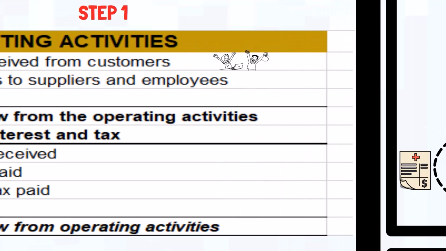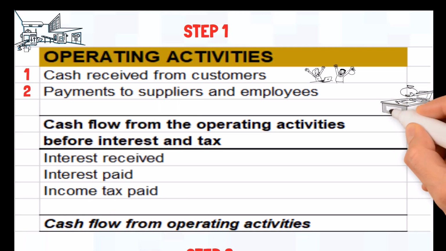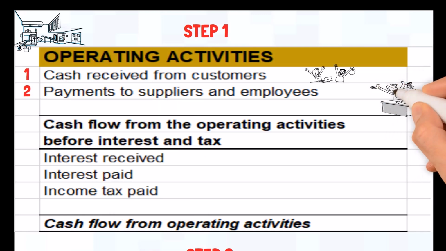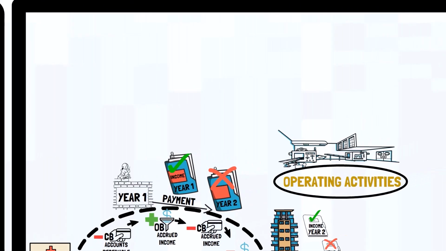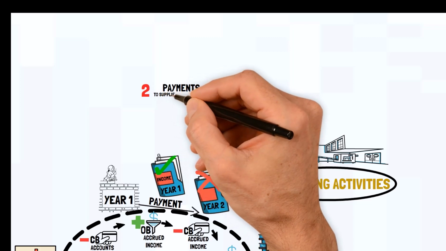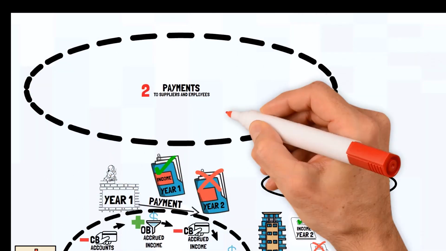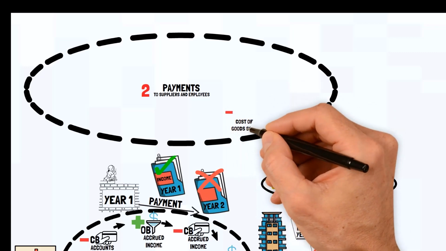The second part of the operating activities is payments to suppliers and employees. This is also a collective name, but instead includes the business cost of goods sold, with various adjustments for the cash flow. In the category payments to suppliers and employees, first subtract the cost of goods sold.